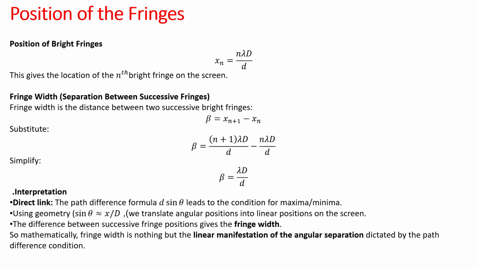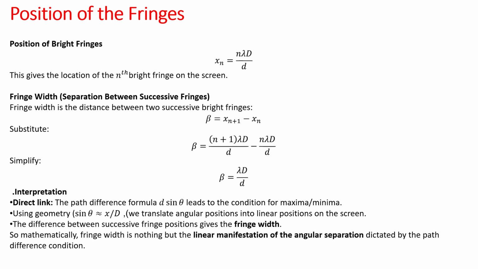The path difference formula d sin theta leads to the condition of maxima and minima. What is ultimately affecting the path difference? It is the path traveled by the lights and their differences, which is the cause of the maxima and minima. Second, the approximation we have taken is that theta is very small, so we can take x upon D with respect to sin theta, and sin theta's value we already calculated.